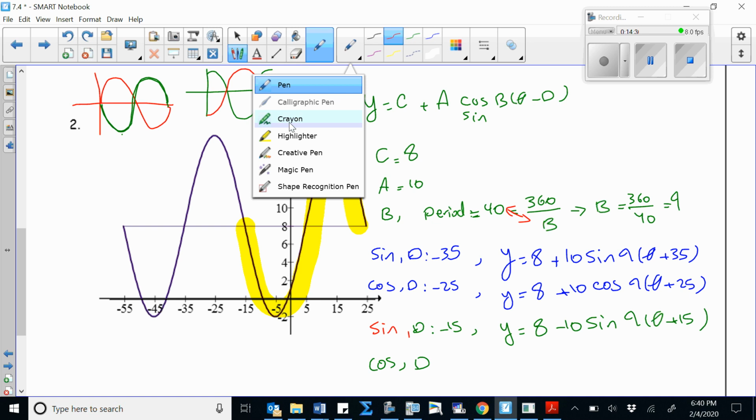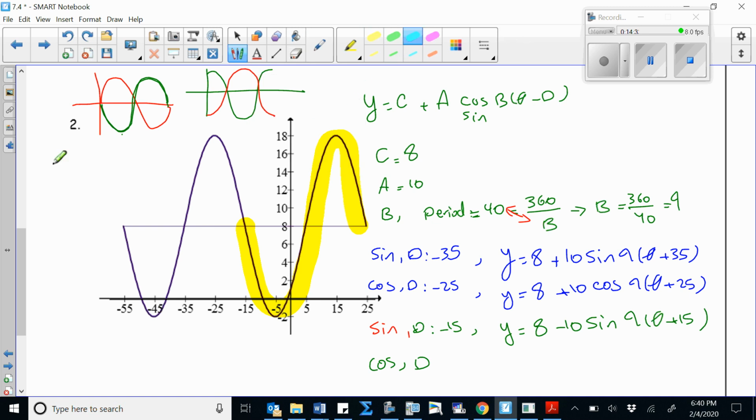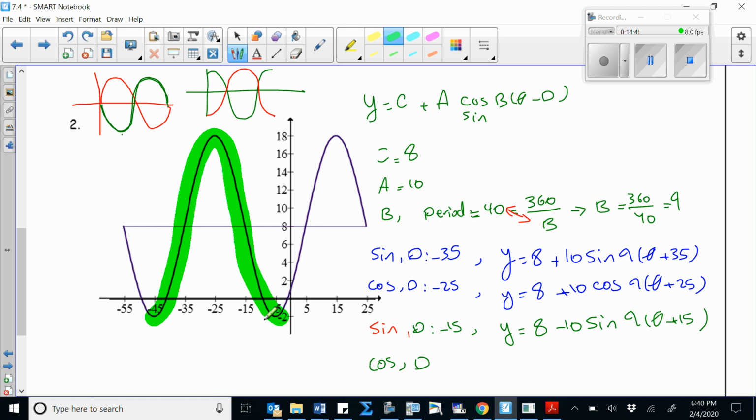So what I can find here, let me erase this first. Okay, so what I can find here is a middle point that goes up and then goes back down here. So this is a flipped cosine function.